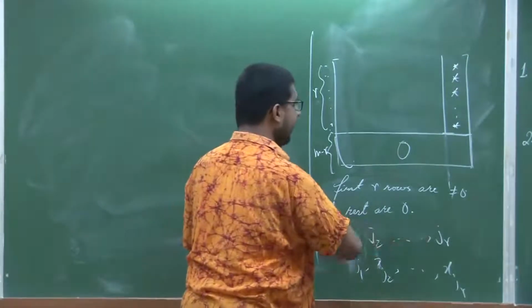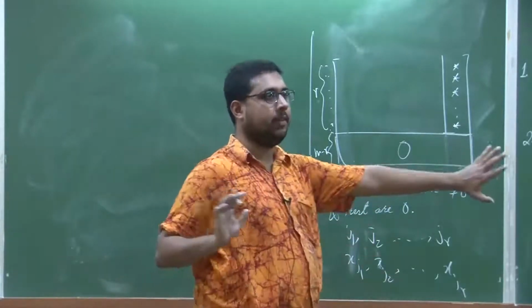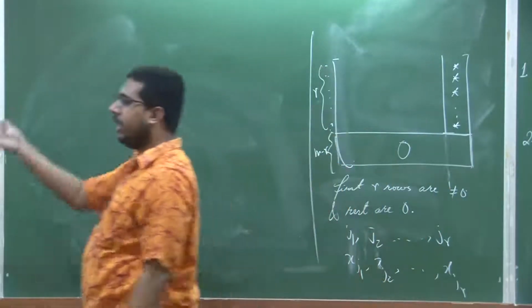Earlier we had n variables x1 up to xn. Now these n variables are divided into two classes. In one class you have the variables which correspond to the columns containing pivots, and the other variables are n minus r in number. Remember, n minus r can be 0.